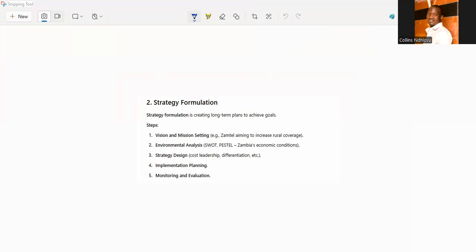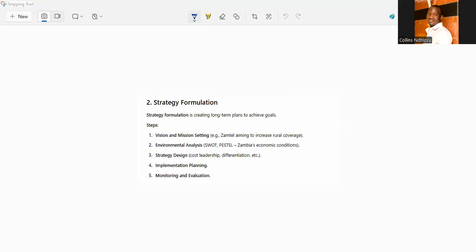Number one is vision and mission setting. The vision defines the future prospects of an organization, and the mission states the organization's core purpose and focus. So the vision is what defines the future to which the organization wants to go. The mission is simply the core purpose and focus that the institution wants to have.